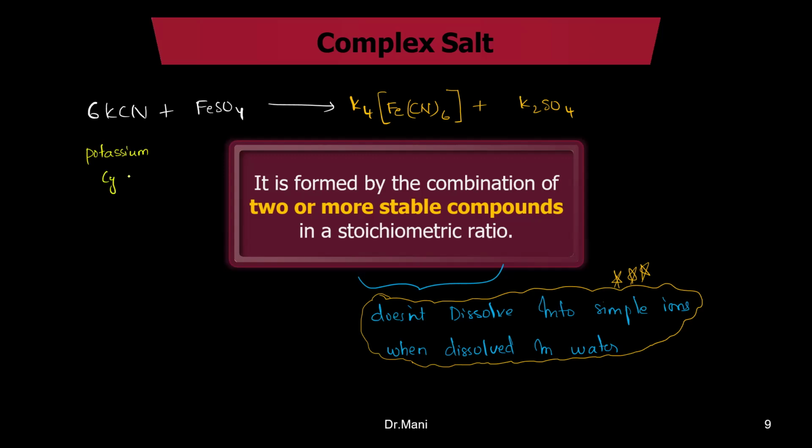When this potassium cyanide reacts with FeSO4, which is iron 2 sulfate, it will produce potassium ferrocyanide. I'm not giving the IUPAC naming, which we'll discuss in later classes. Right now I'm just giving the common name, potassium ferrocyanide, and K2SO4, which is potassium sulfate.